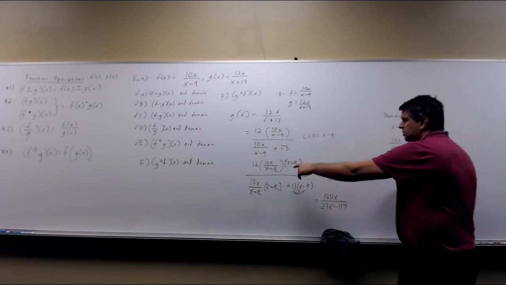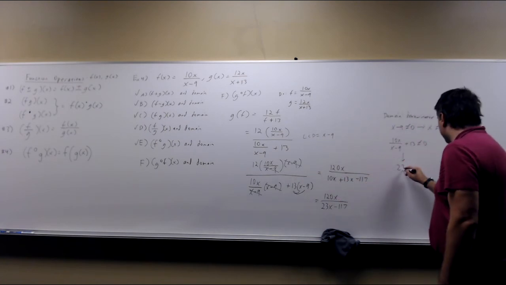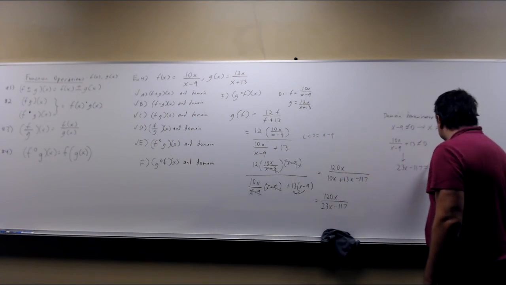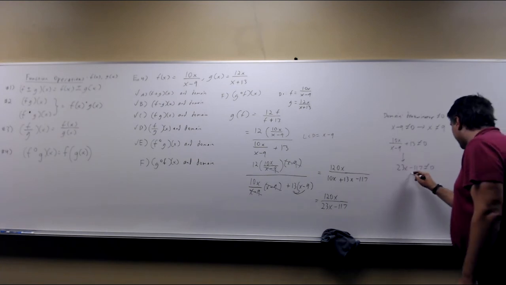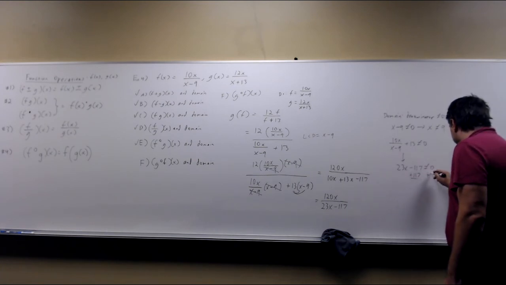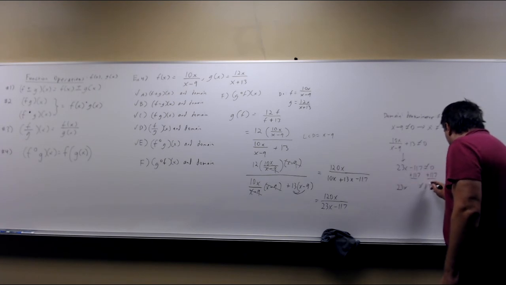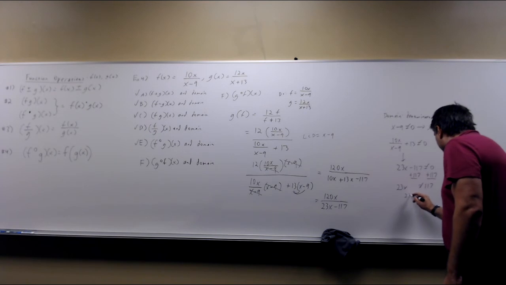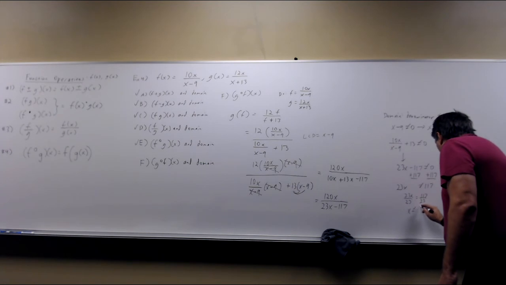Well, when we did everything we needed to do with that, we ended up with 23x minus 117 cannot equal 0. So add 117. 23x cannot equal 117. Divide off the 23. And x cannot equal 117 23rds.